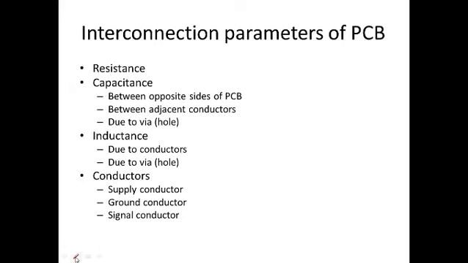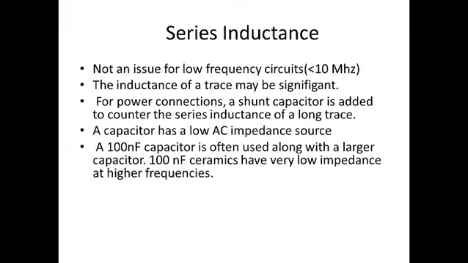Actually you are not having these things present there as components, but because of some inherent things, these properties are present in the PCB. First is the resistive, second is the capacitive, third is the inductance, and fourth is the conductor. These four parameters are present in the PCB. I'm not talking about the components. Components are different, and these are the interconnection parameters of PCB.